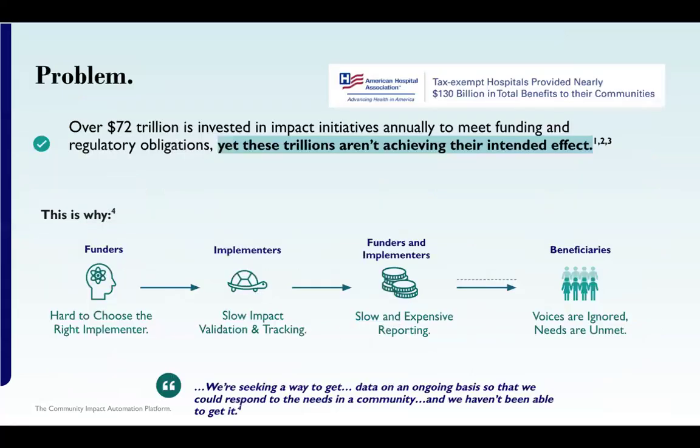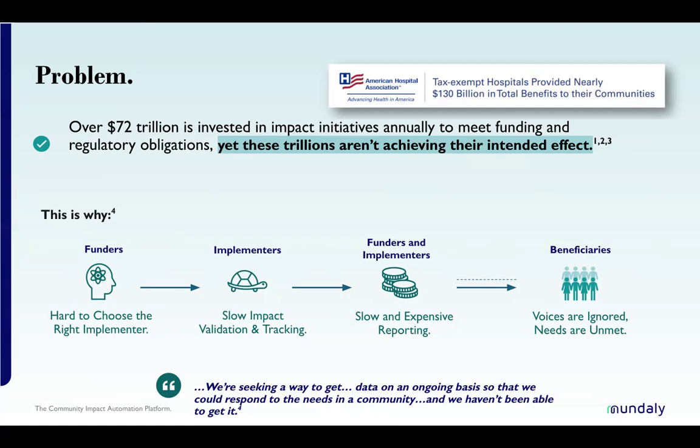Now, moving ahead, I'm sure this is what I was just explaining on the previous slide, that over $72 trillion is invested in impact initiatives. That's how much companies and individuals spend, where the funders have a hard time to choose the right implementer. Who's going to carry out my impact? Do you want to come from the US?